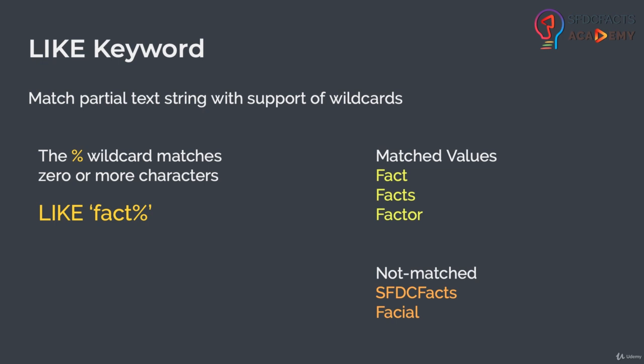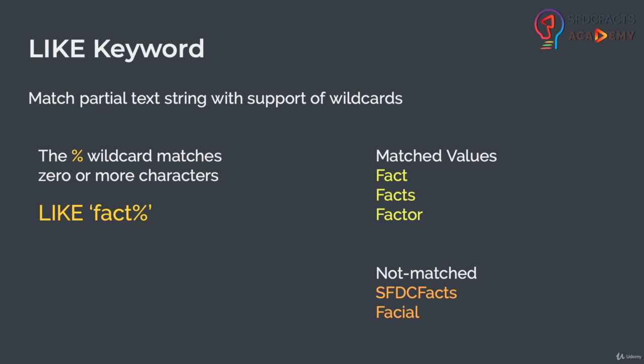It's going to match with facts as well, or factor, or maybe anything that you have after your T character here, instead of the percent. But it's not going to match with SFDC facts. The reason being, the string should start with fact, but here our string is starting with SFDC. And it's not going to match with facial as well, because this word is missing a T character.